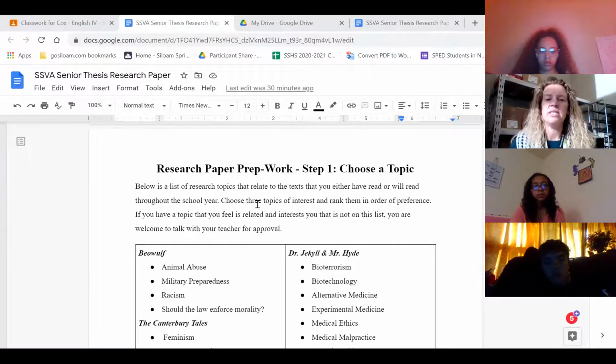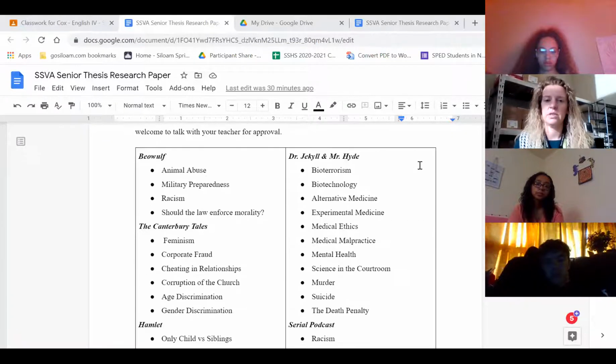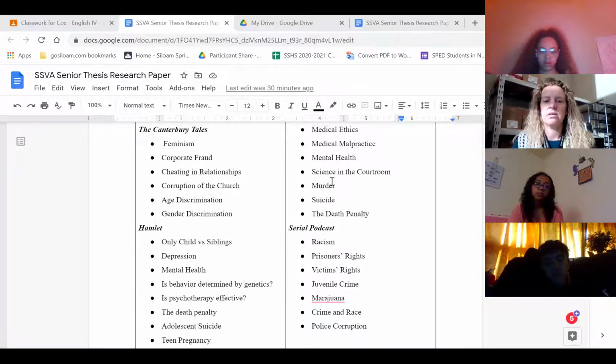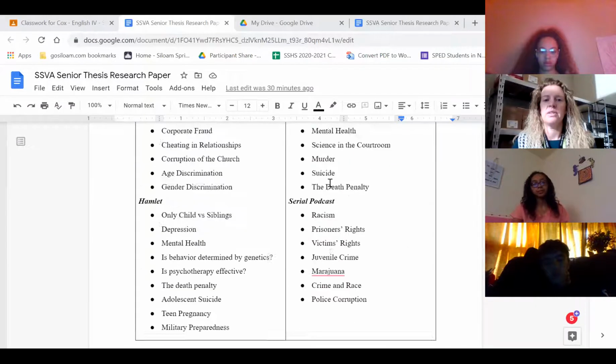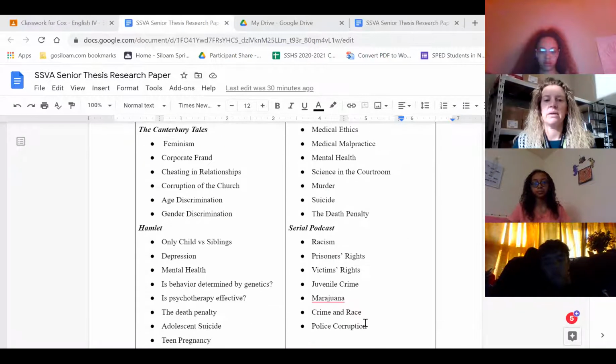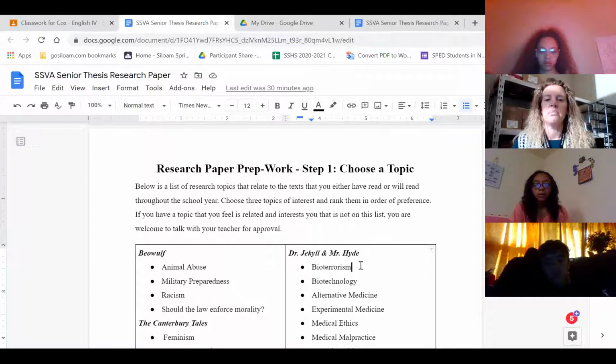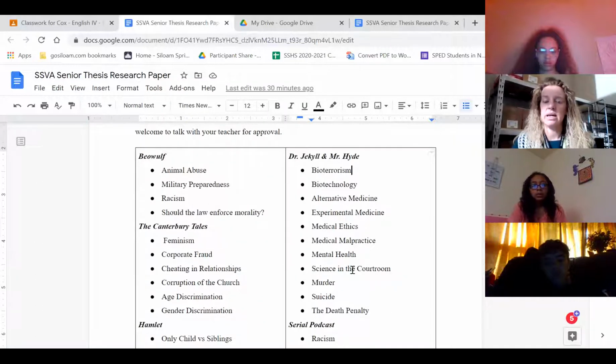Okay. Choose 3 topics of interest and rank them in order of preference. If you have a topic that you feel is related and interests you that is not on the list, you are welcome to talk with me, okay, for approval. All right. So most of these we have already read in class, though this one we're doing later.